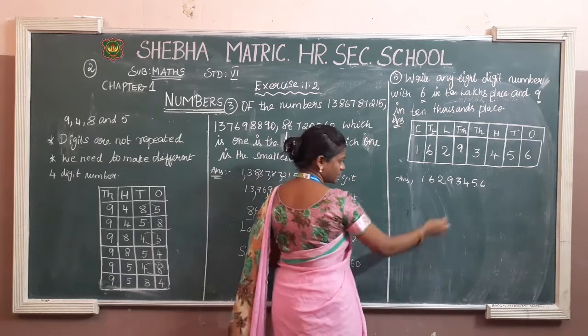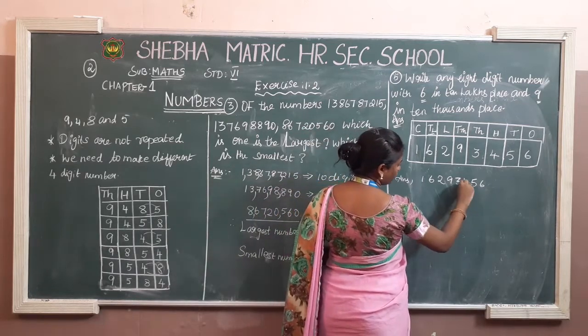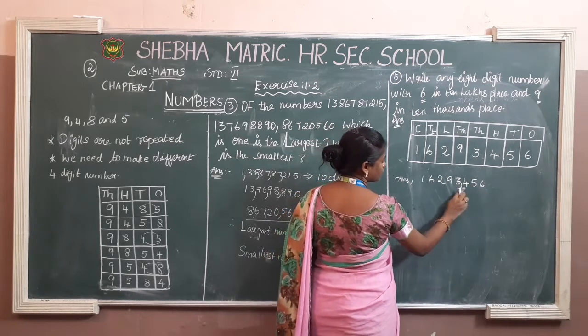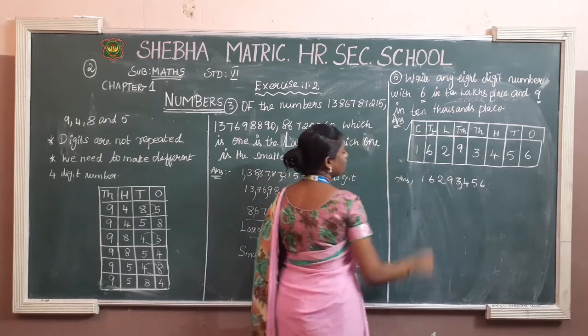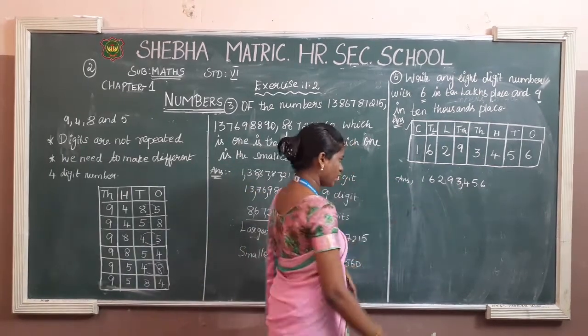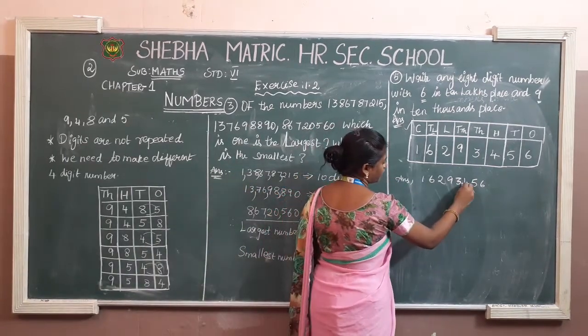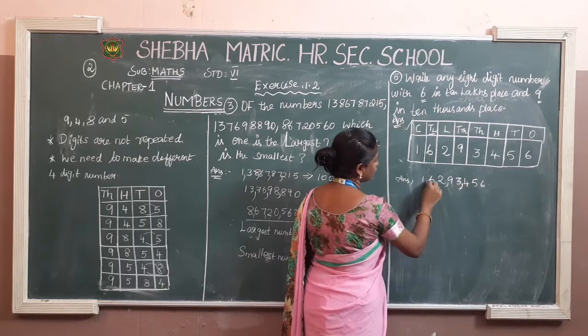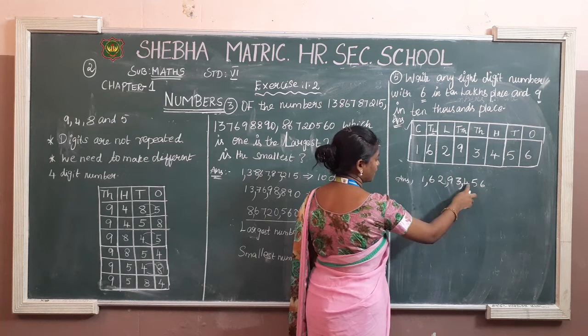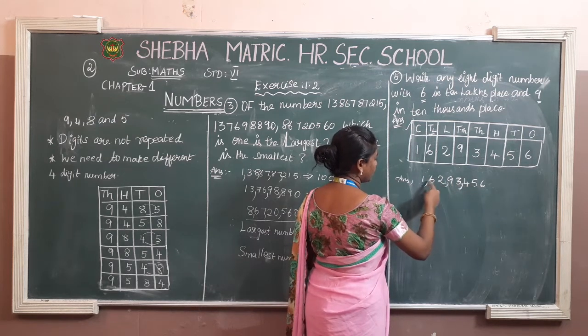Now we put the commas. This is the Indian numbering system. The commas divide the number into 3 digits, 2 digits, 2 digits and 1 digit: ones, tens, hundreds, thousands, 10,000, lakh, 10 lakh, crore.